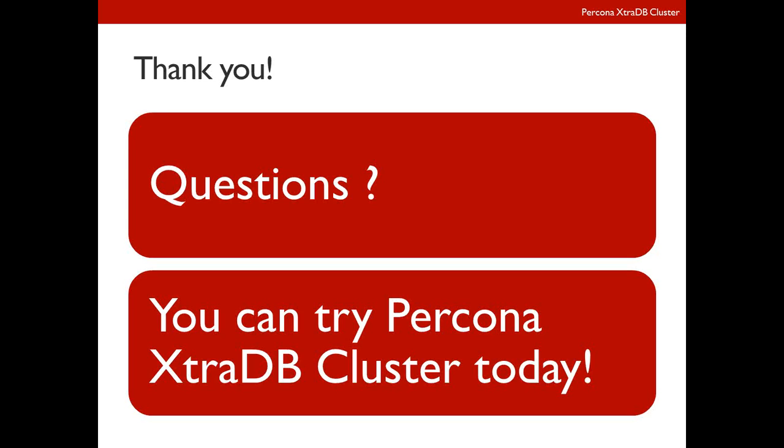Next question is, how are auto increment columns handled in multi-master? Yes, I should put this question in my frequently asked questions. This is a popular one. The answer is that XtraDB Cluster sets up auto increment offset automatically for each node.